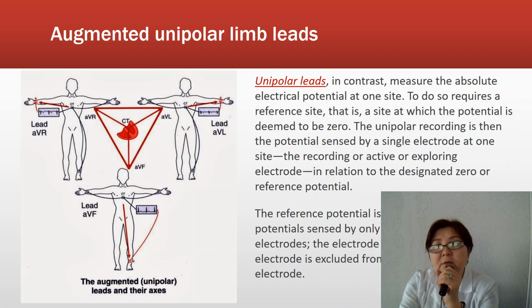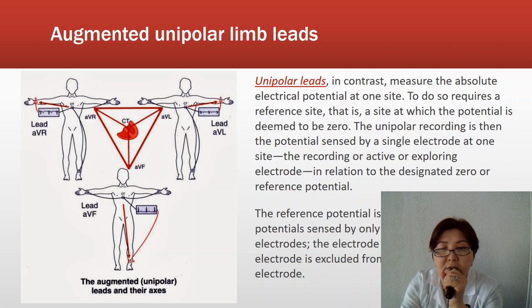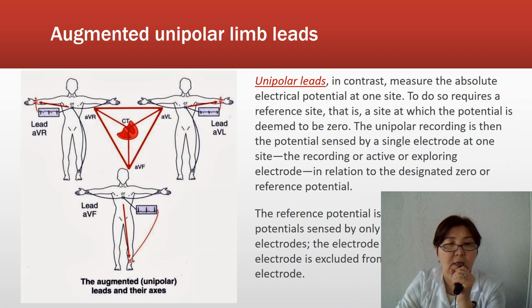The unipolar recording is then the potential sensed by a single electrode at one site, the recording or active or exploring electrode, in relation to the designated zero or reference potential. The reference potential is the mean of the potential sensed by only 2 of the 3 limb electrodes. The electrode used for the exploring electrode is excluded from the reference electrode.